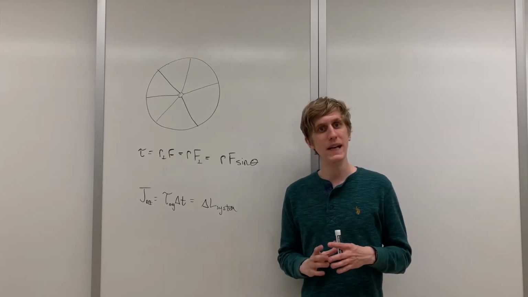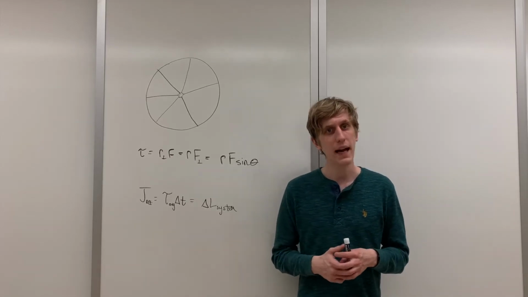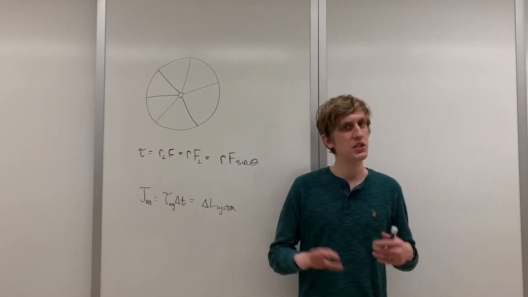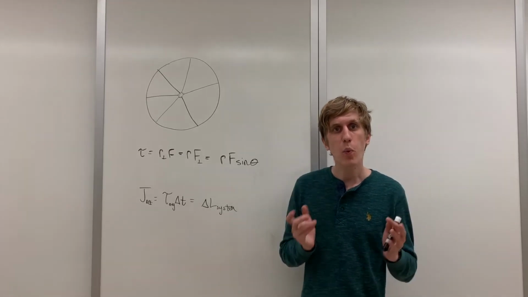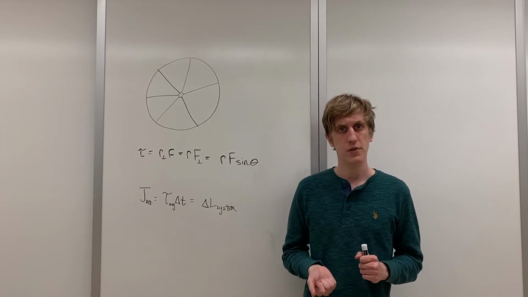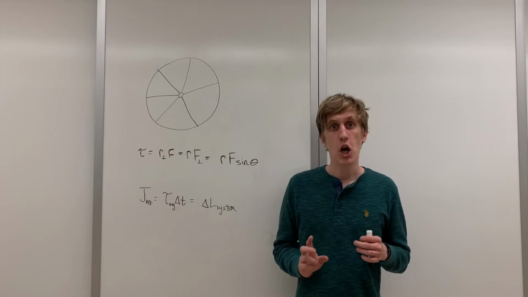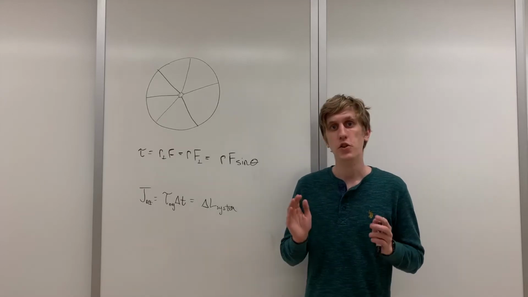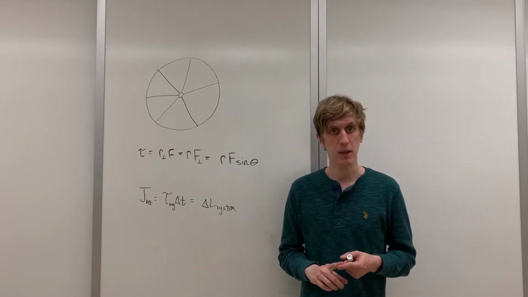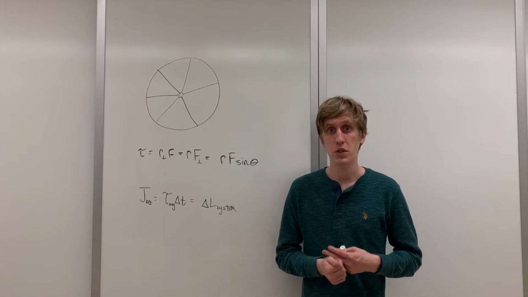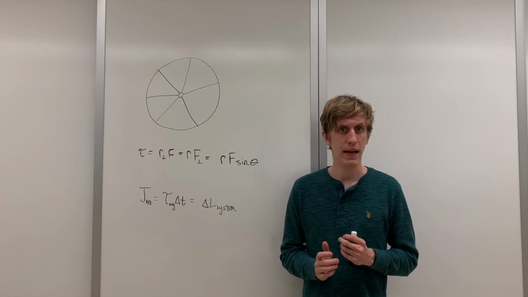So the main thing we need to figure out is how we calculate torque. Once we do that, we should be able to use these equations in the same way as we use the regular momentum equations. As we saw in the previous video, torque depends on two main things: the strength of the force that is being applied and the distance away from the center of rotation that force is being applied.